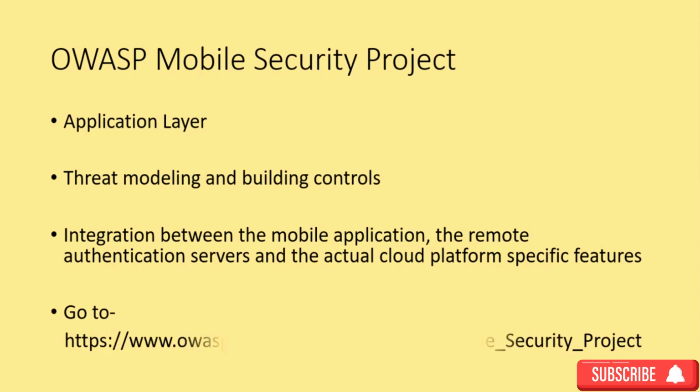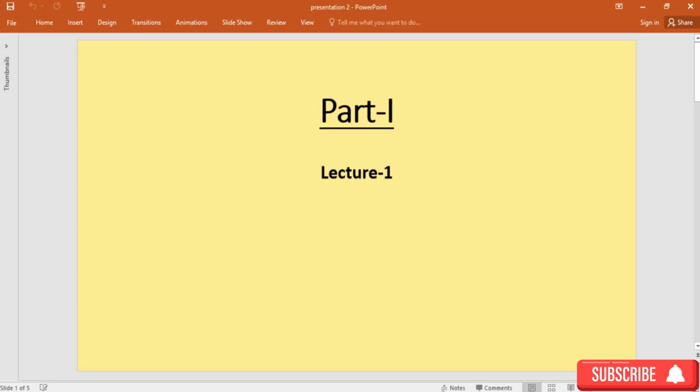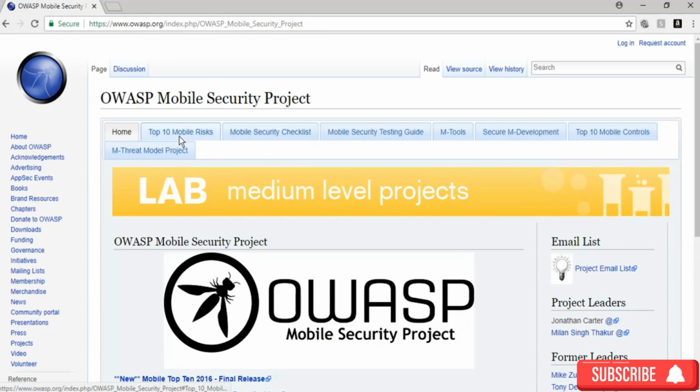Okay. Now let's take a look at some of the top security vulnerabilities and threats that are assessed for mobile devices in their website. If you look at the OWASP Mobile Security Project website, you will find tons of resources related to mobile security. So the website includes the top 10 mobile risks and we will review those in a minute.